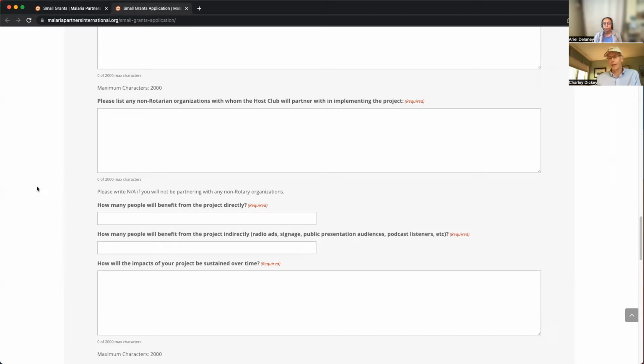By we, I mean we have a committee of volunteers at MPI who have agreed to serve on the reviewing committee, the small grant committee, which I chair. And normally, I'd say 50% of the grants will need some work after they are received by the representative. So that might take as long as a month.